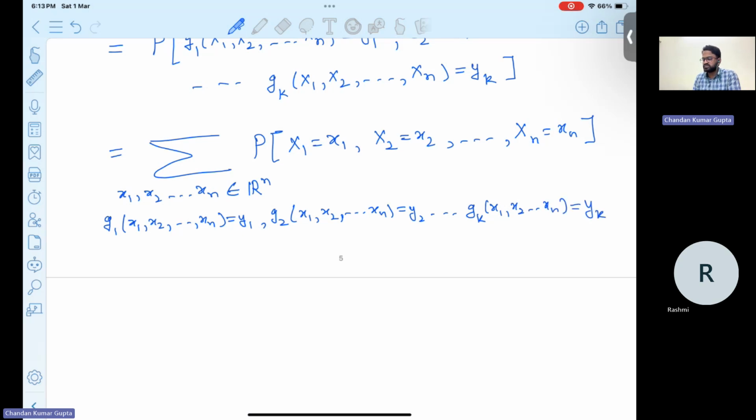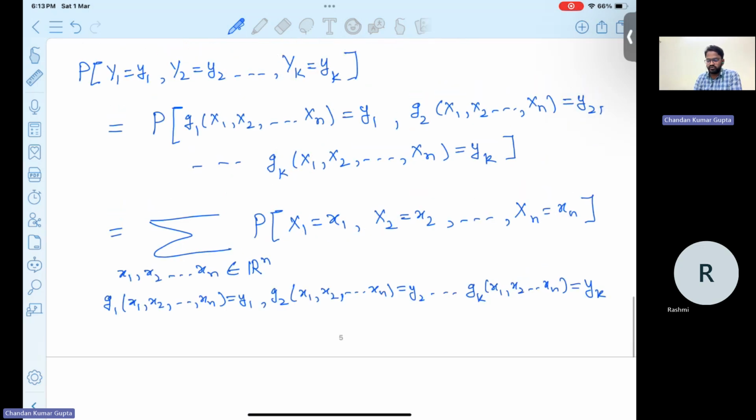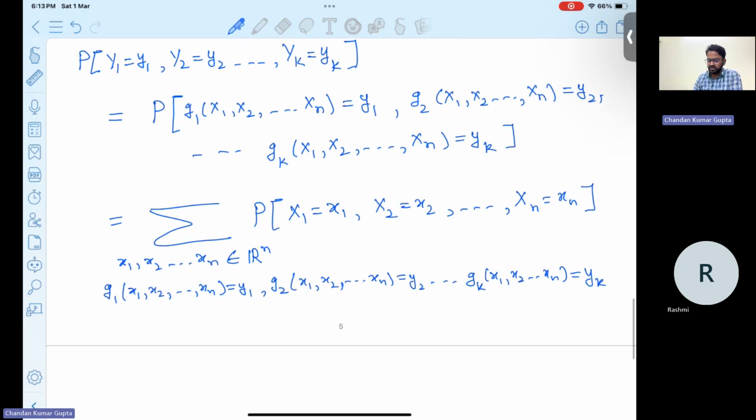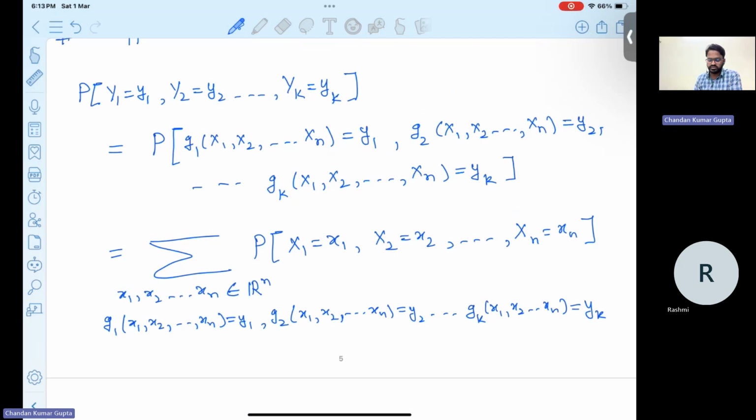When these two conditions are satisfied, then we are able to find the distribution of y when we know the distribution of x. This is the general formula actually.